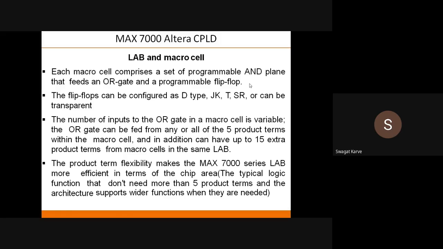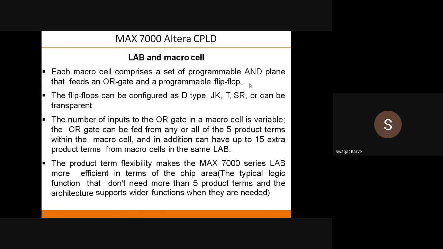The flip flop is configured as a D type, JK type, SR or toggle type, or it can be transparent. The number of inputs to the OR gate in a macrocell is variable. The OR gate can be fed from any or all of the 5 product terms within the macrocell, and in addition can have up to 15 extra product terms from macrocells in the same LAB.